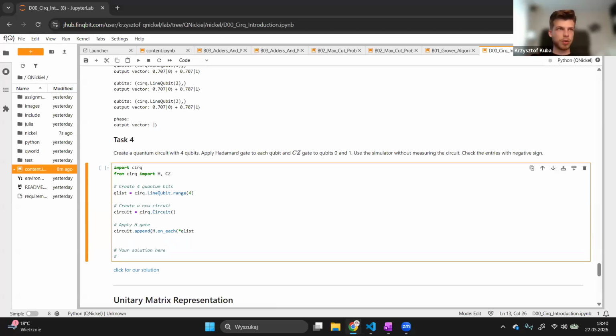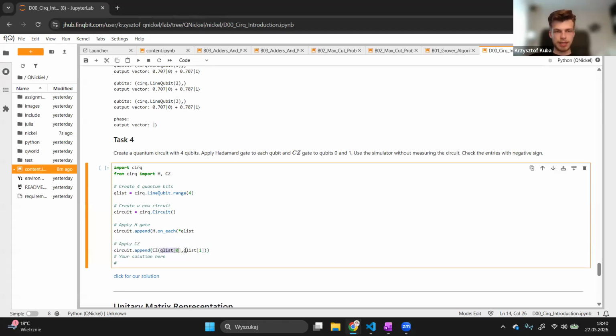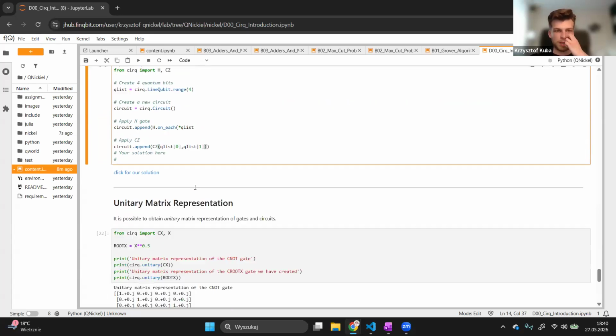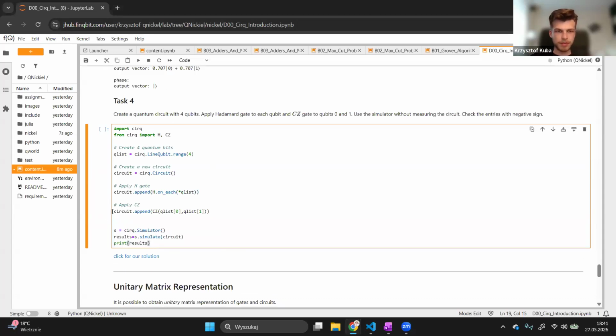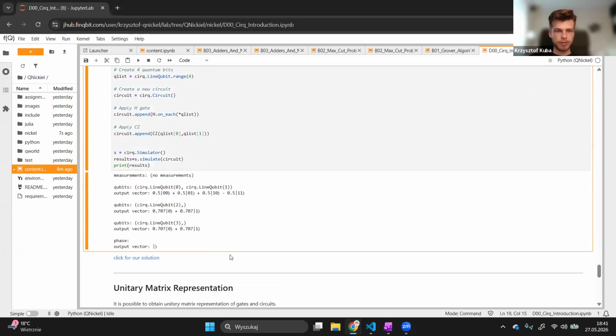Then we have a controlled Z gate, with the first being the target and the second one being the control, but actually for the controlled Z gate, it doesn't really matter. Maybe also, parentheses are missing in apply H. Yeah, you're right. Thank you. And finally, the simulator.